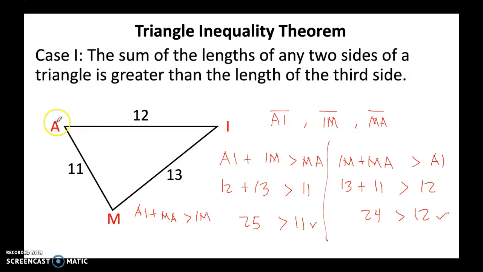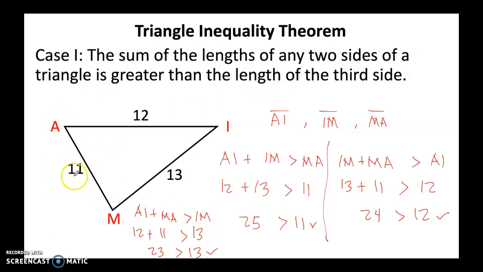The measure of segment AI is 12, plus the measure of segment MA is 11, should be greater than the measure of segment MI, or IM rather, that is 13. Let's get the sum. 12 and 11, we have 23. It is greater than 13.